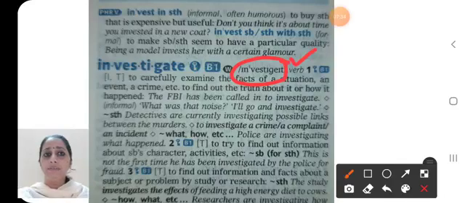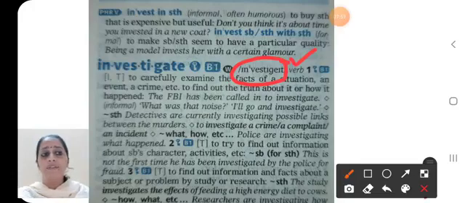Clear? Now the meaning is to carefully examine the facts of a situation, an event, a crime, etc. to find out the truth about it or how it happened. So that is the meaning of the word investigate. Clear?